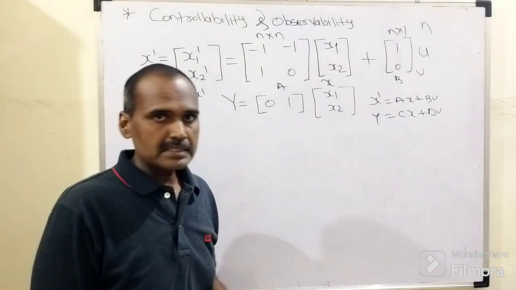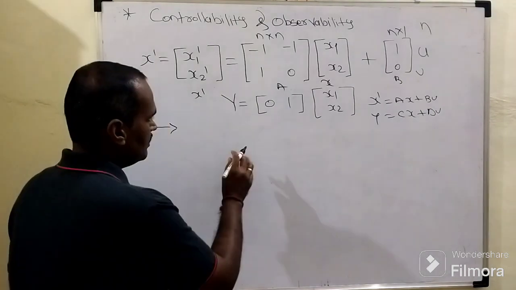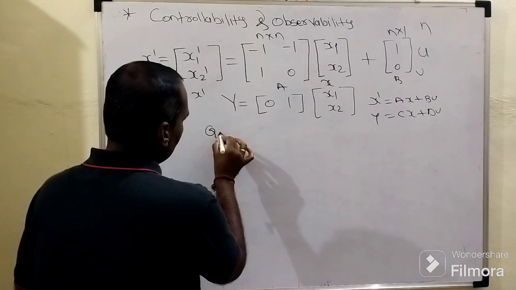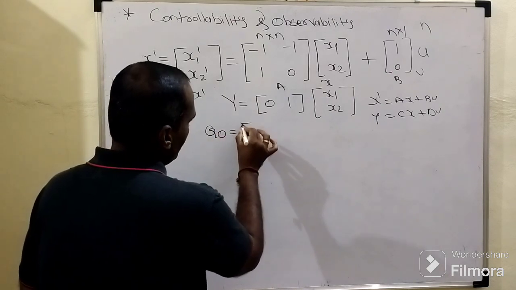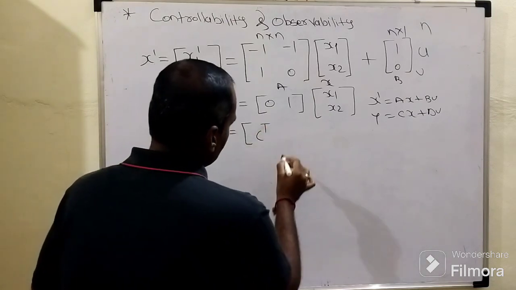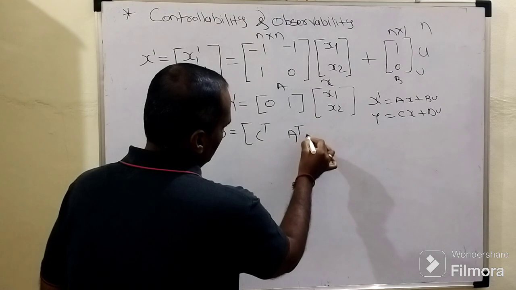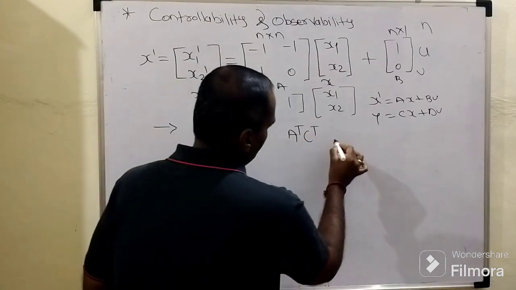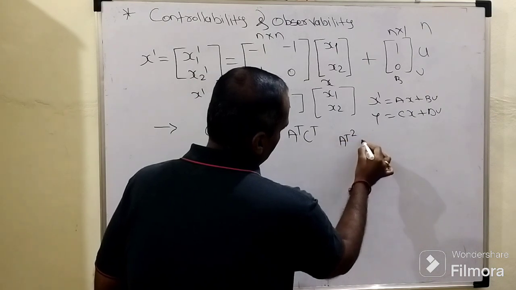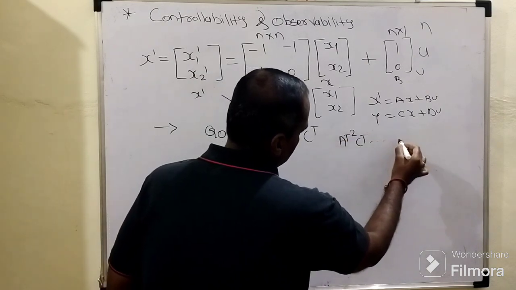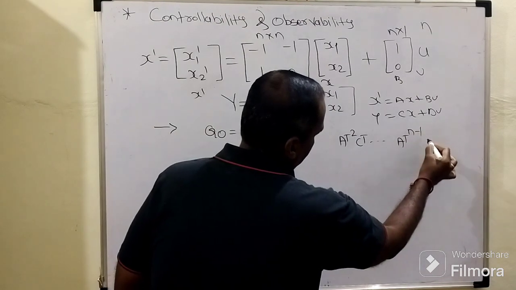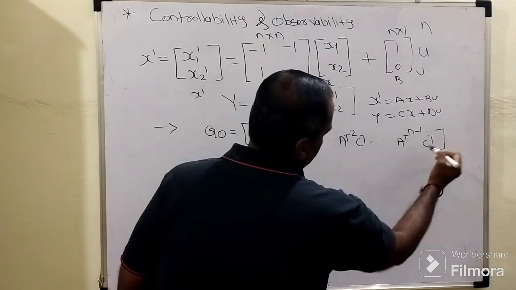And in order to decide the overall observability of that system, similar to the controllability, one matrix we need to define, whose name is QO, and its coefficients are the transpose of C, followed by A transpose into C transpose, then A transpose square into C transpose, up to A transpose to the power of n minus 1 into C transpose.